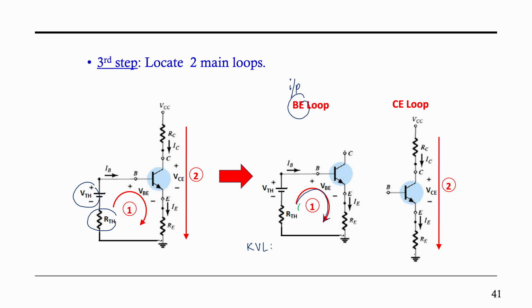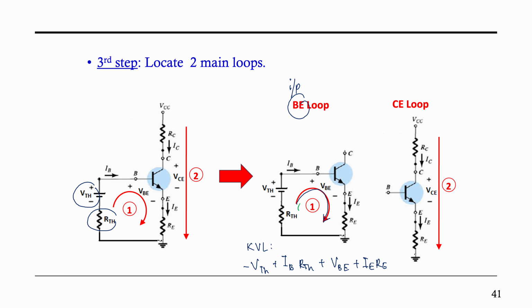Your KVL is going to be negative V Thevenin, plus IB RTH, plus VBE, plus IE RE. So this is your KVL at the input loop.